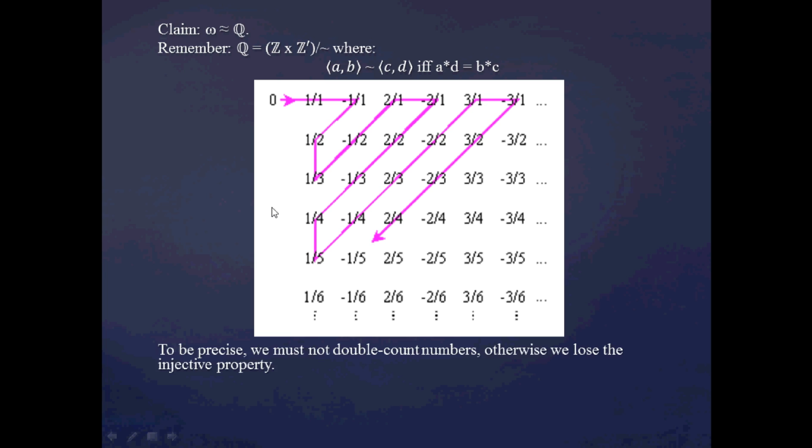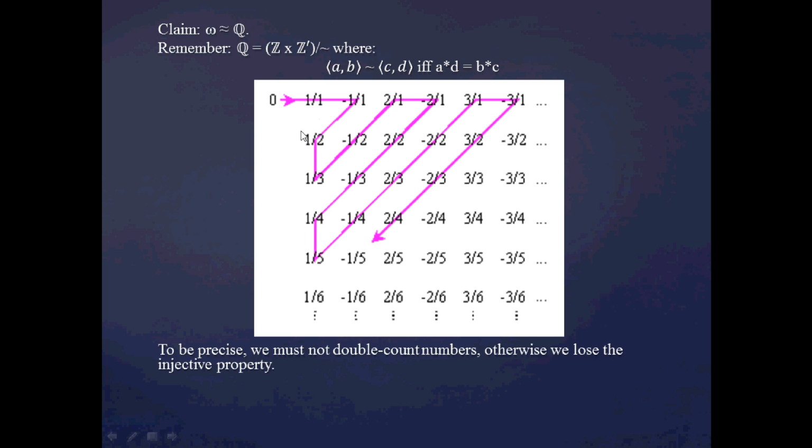And now I'd actually like to write out what that bijection is for you, just to prove that you can actually set up a bijection between these two sets. But if you look closely, if I just count like this, we're going to lose the injective property very quickly, because we're going to end up double counting the same representation for a rational number.